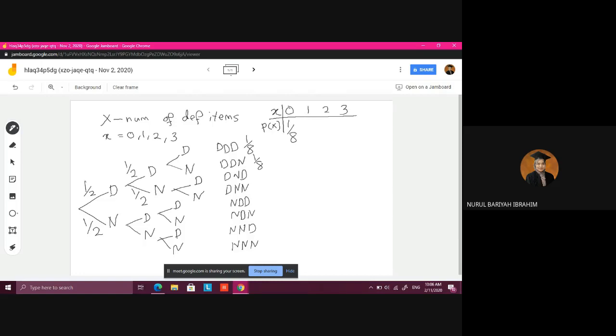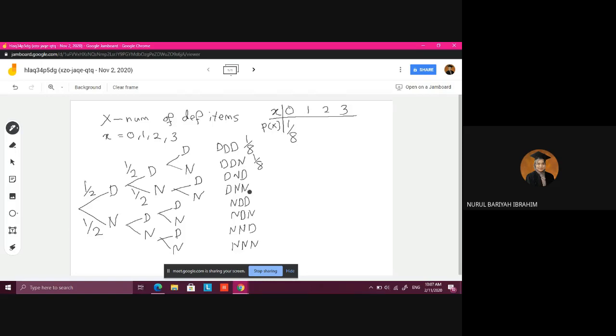Okay, how about this? P of X equal to 1 will be, means that we want to find the probability of one defective item. Which one defective item? Yang satu D lah. 1 here, 2 here, 3 here. Okay, one defective. Two.